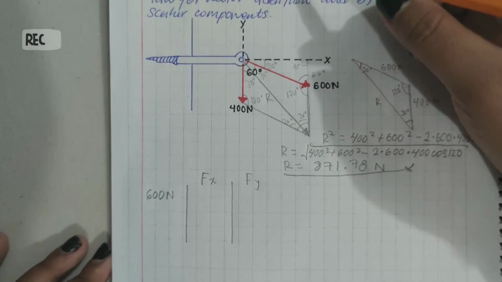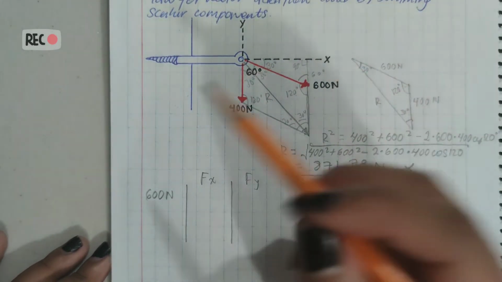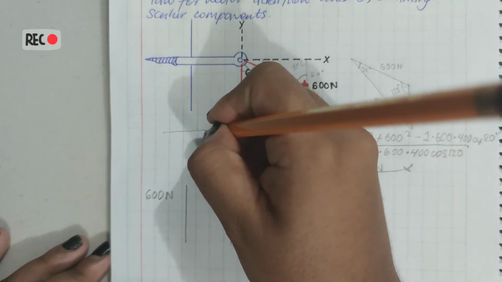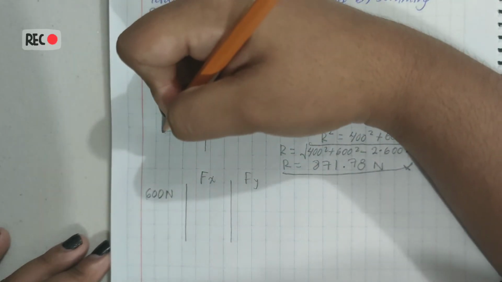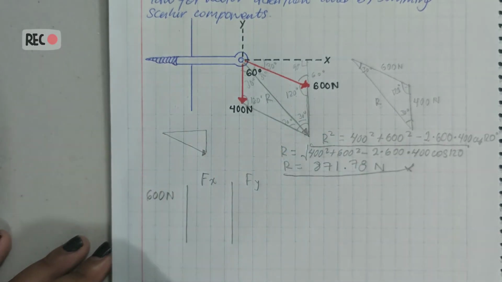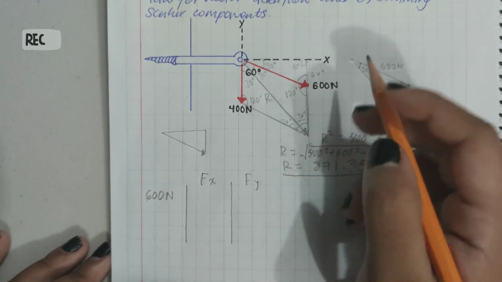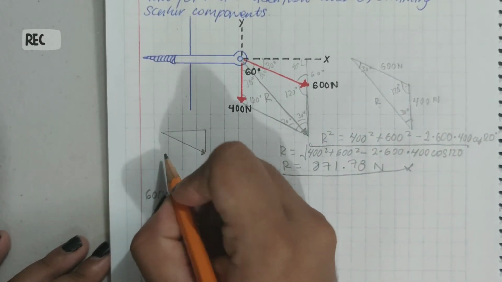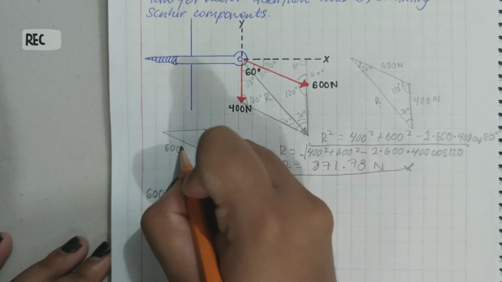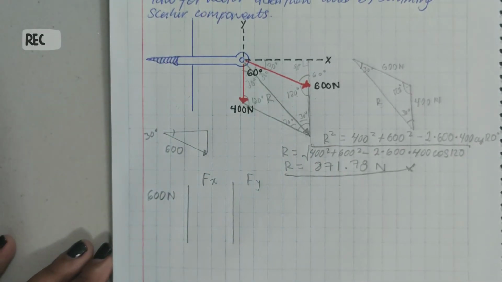We can see the triangle we have here, formed by the x-axis and the y-axis, and the 600 newtons is equal to the magnitude of the hypotenuse of this right triangle, and this angle is equal to 30 degrees.